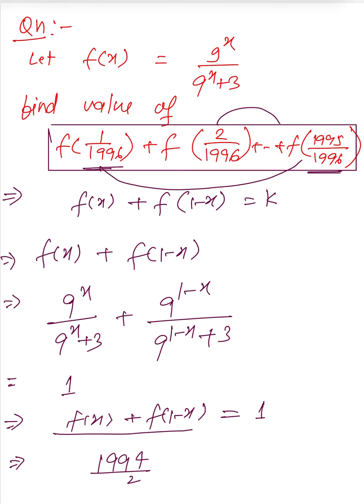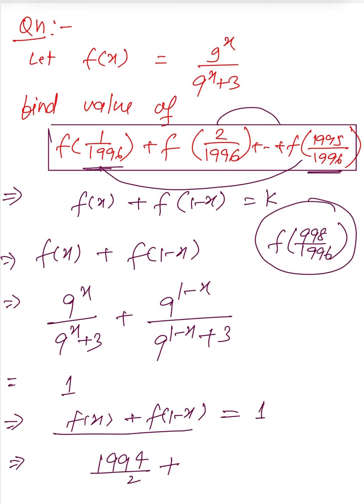1994 upon 2 combinations, and the value of each is 1. So the value is 1994 upon 2, plus one value you will also get, which is f of 998 upon 1996, which has no combination. So this is nothing but f of half.